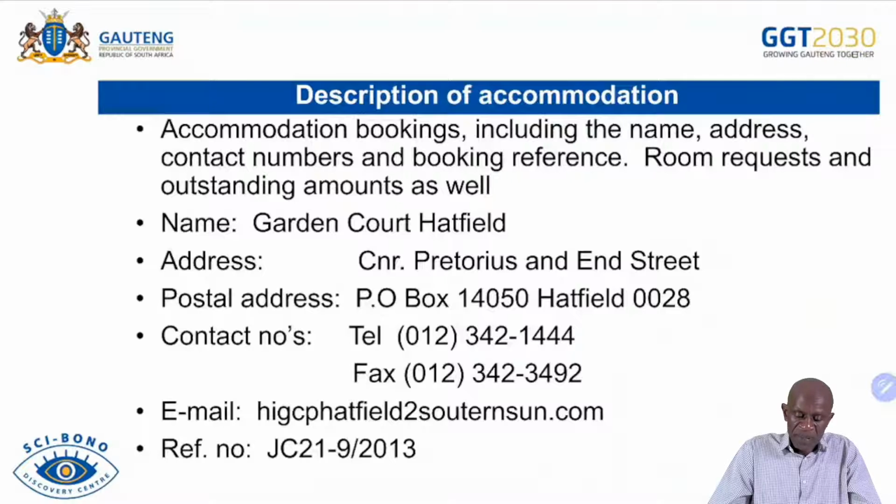For example, the name of the accommodation here is the Garden Court, Hatfield. The address is Corner Pretoria and St. Anne Street, and the postal address is P.O. Box 1450 Hatfield 0028, with the following contact numbers.